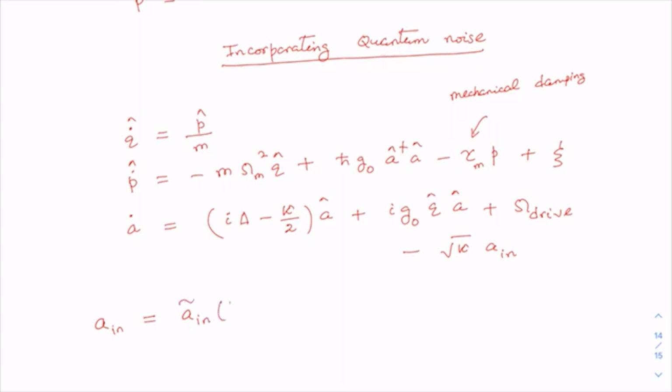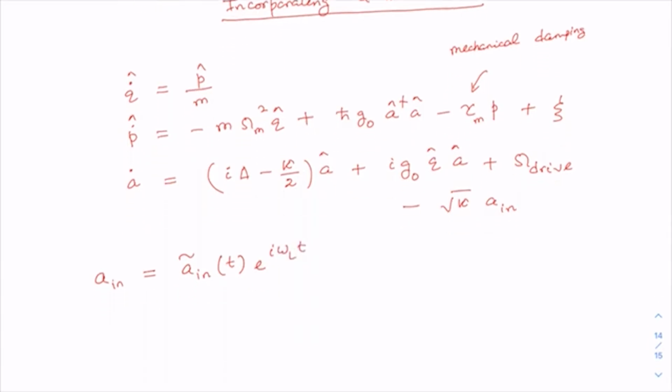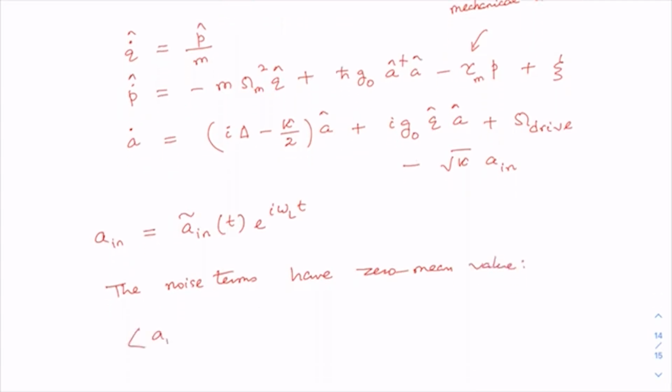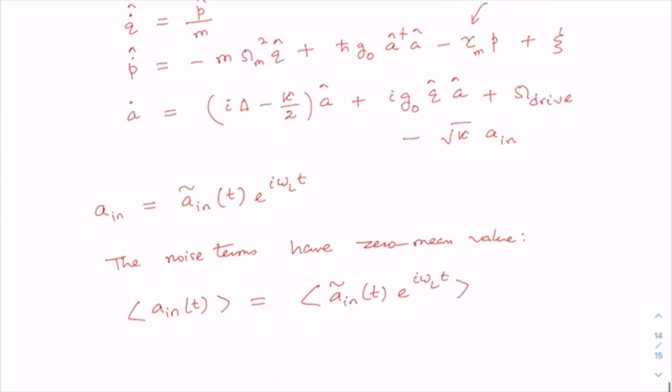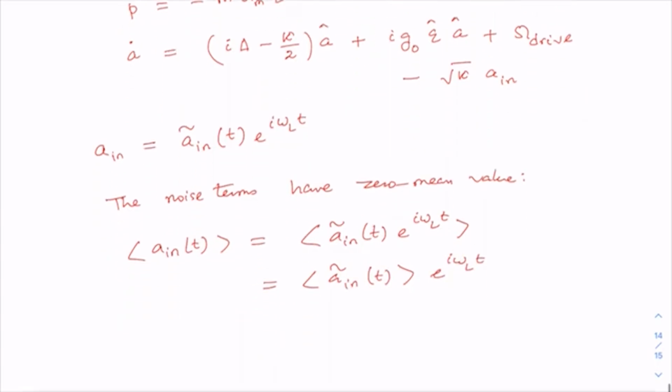If you look at our last class, a in tilde t e to the power i omega l t, and the noise terms have zero mean value. So the expectation value of a in e to the power i omega l t is equal to 0.